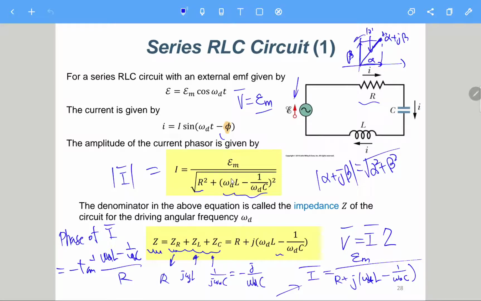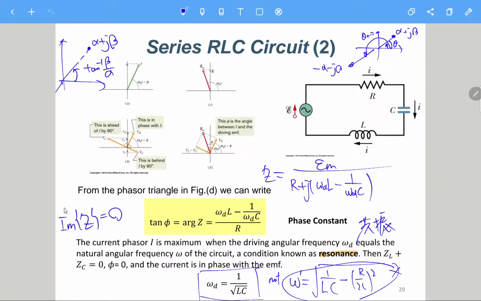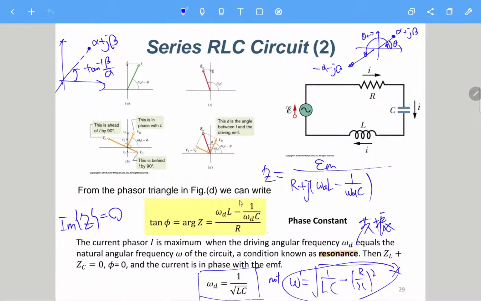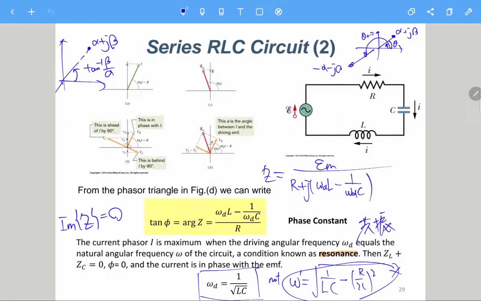This is why we call it resonance and why it is meaningful. So we need to make sure that the imaginary part of Z is 0, so that it satisfies the condition of resonance. And in that case, omega_d is 1 over the square root of LC. Okay, so let's stop here today.